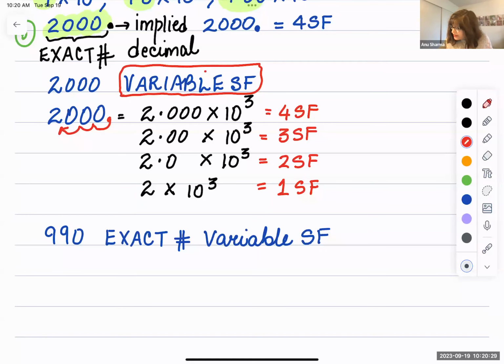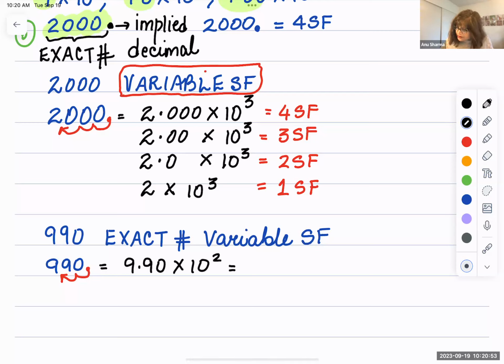So here's the thing, 990 means 990. You can move the decimal 2 places to convert standard to scientific notation: 9.90 times 10 to the power 2, right?